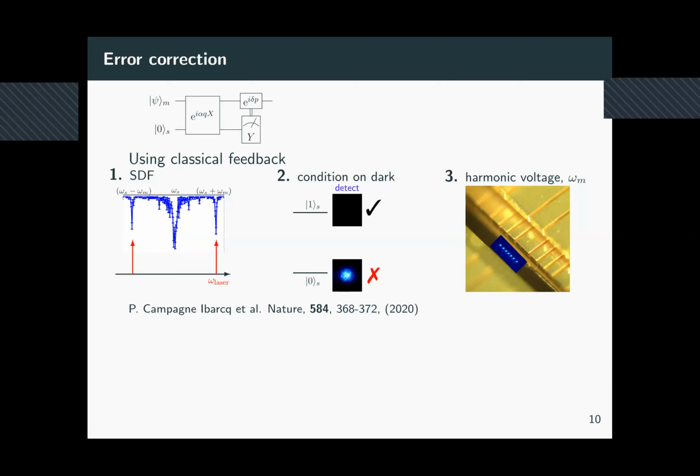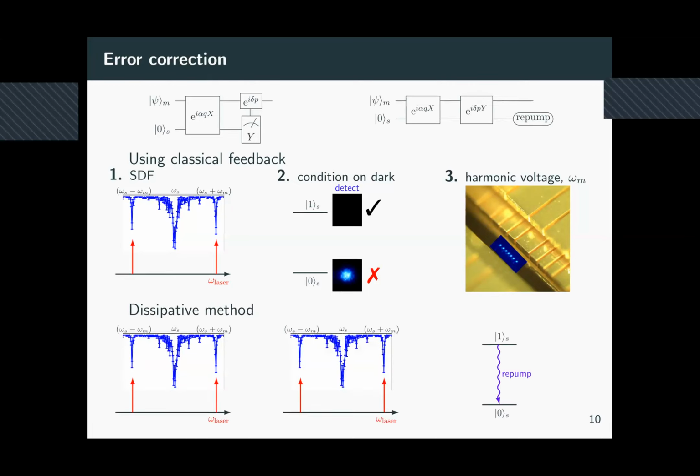The first operation, this spin-dependent displacement, is fine, that's what I've been mostly explaining so far. The displacement we can do with a harmonic voltage on our trap. That's also fine. But of course, if we have to keep doing these post-selected measurements, it's not going to be a feasible scheme for error correction, because we will have a lower and lower probability of having a usable state.